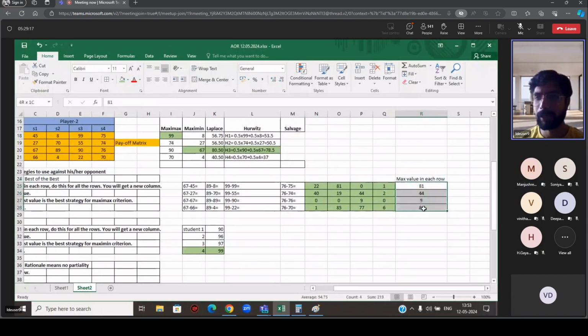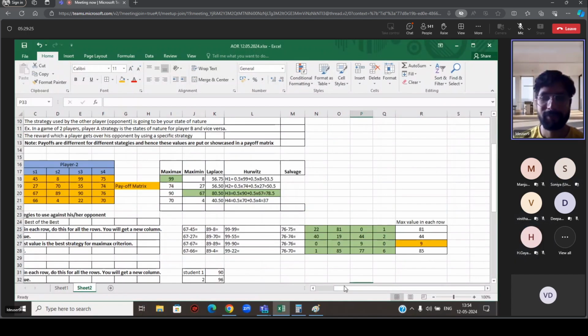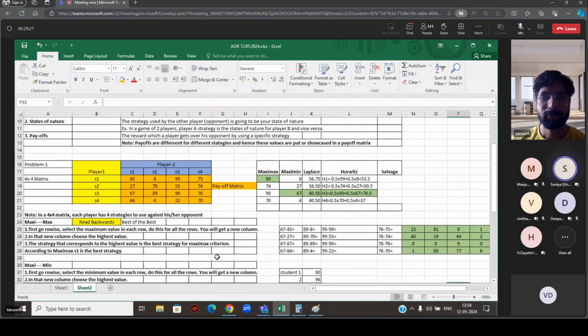In this, which is the minimum value? 9. 9 is corresponding to which strategy? S3.